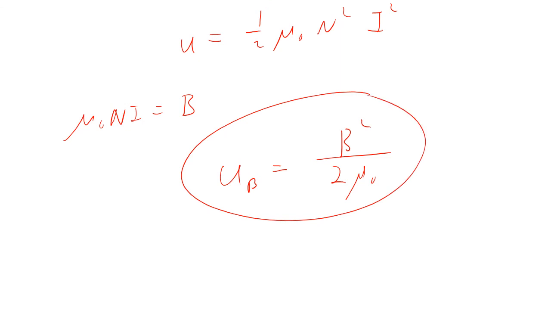And so that gives us the energy density in a magnetic field. Compare that to the energy density of an electric field, which we derived in an earlier chapter, 1/2 epsilon naught E squared.